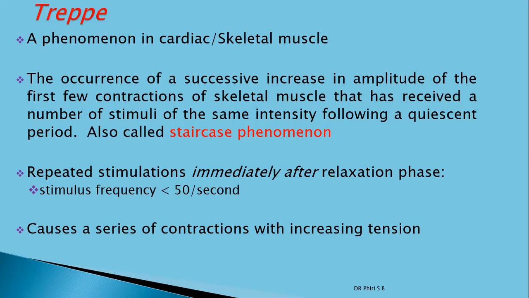So the second contraction will be stronger as compared to the previous one. The third contraction will be stronger as compared to the second one. The fourth contraction will be even stronger as compared to the third one. So it will produce a staircase, more like stairs. It will be moving up. So this is just a phenomenon of residual calcium that remains.